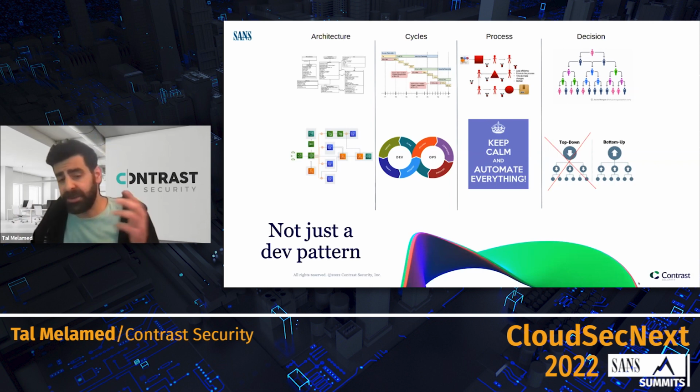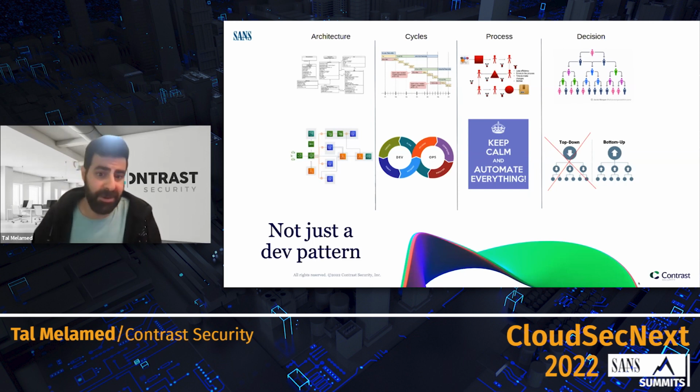The cycles are different, no more waterfalls. Of course, everyone talks about DevOps, and when you also want to add security to the equation, maybe you create DevSecOps, which is basically short cycles that also include security in them, letting the developers and the operation run maybe together or as one to create a cloud native application.